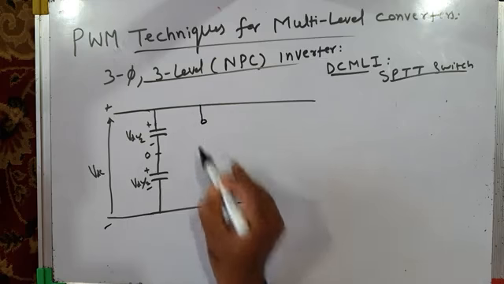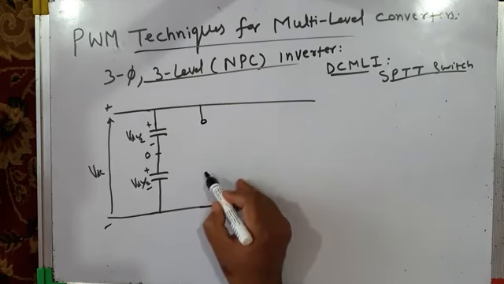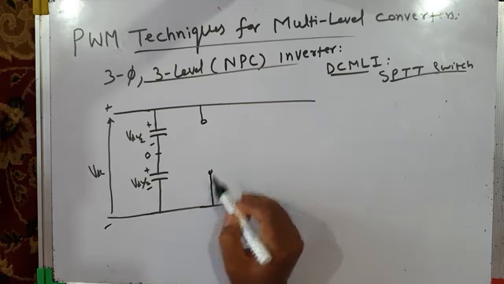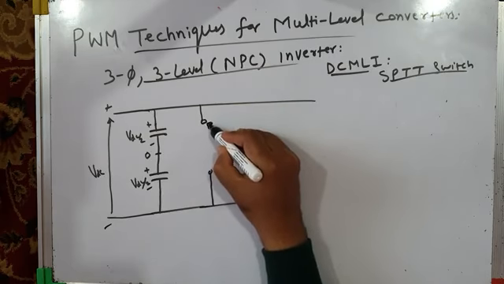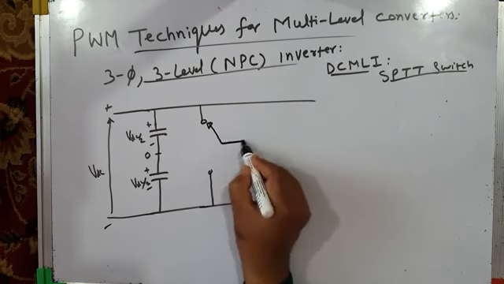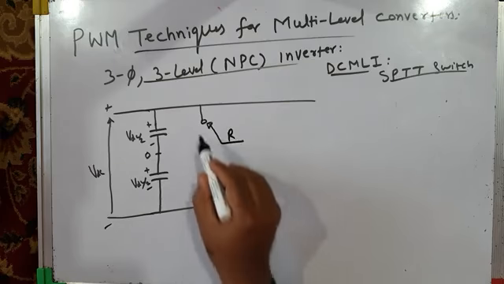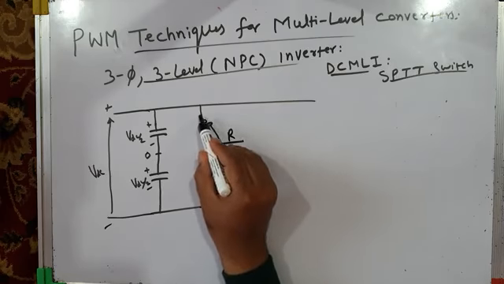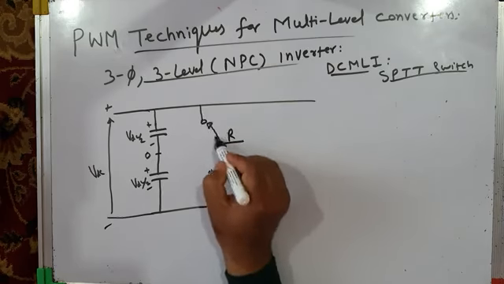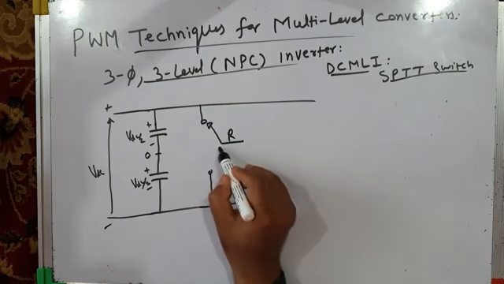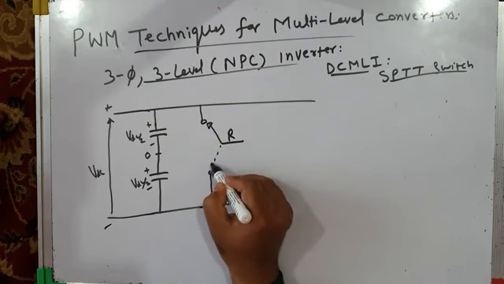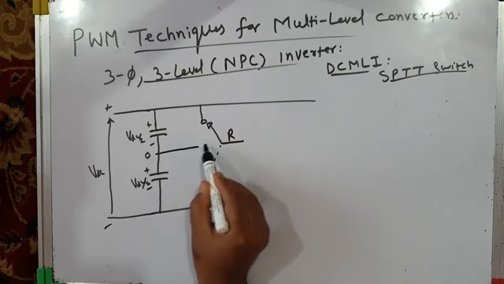This is throw 1, and this is, for example, throw 2, and this is our single pole triple throw switch. This is pole R. It can be thrown to this, or here, or it can be thrown to the midpoint.